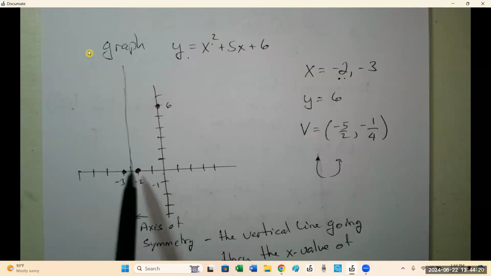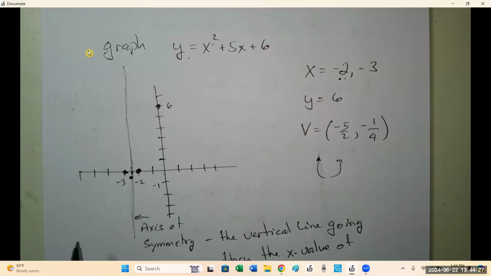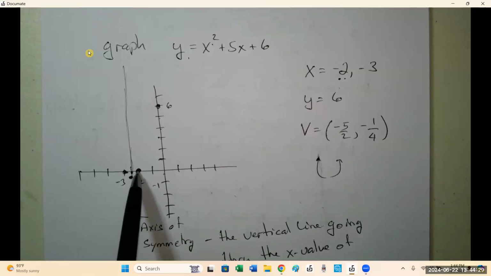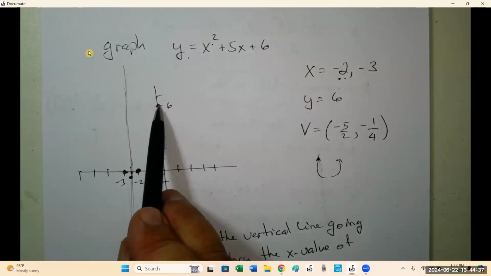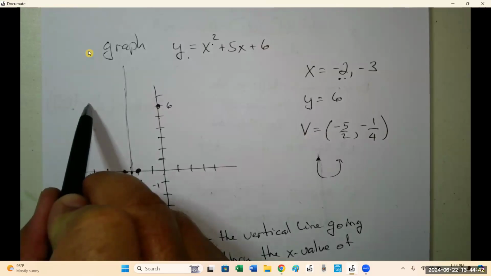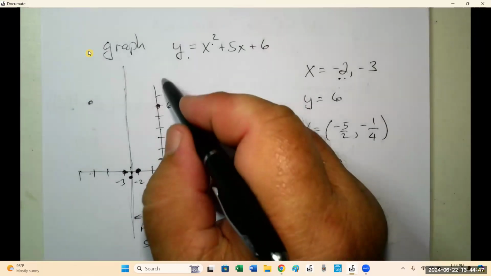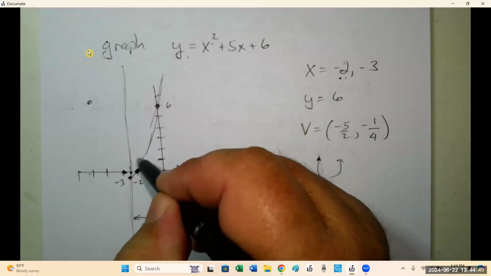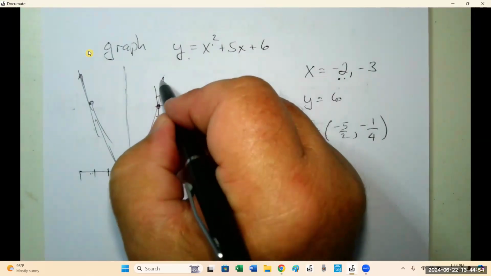So what that means is the right-hand side and left side are equal. From this point, there's half a point there, half a point there. Those 2 points are equal. So likewise, since it's symmetric, if we go from the y-intercept 1, 2 to the right and up 6, we have another point that's symmetric. Connect the dots. And that's our graph.